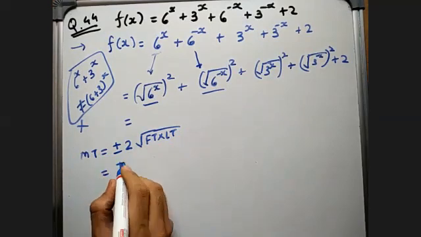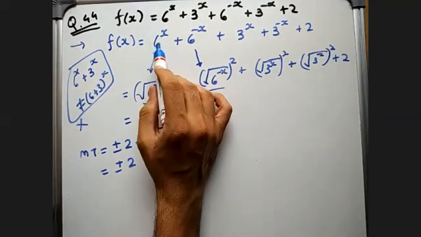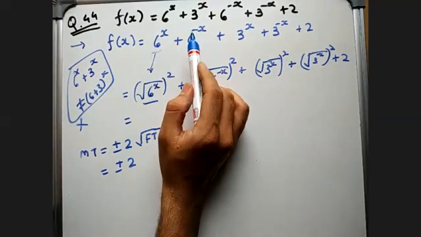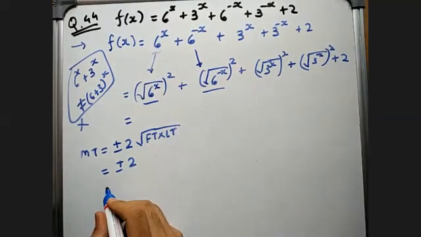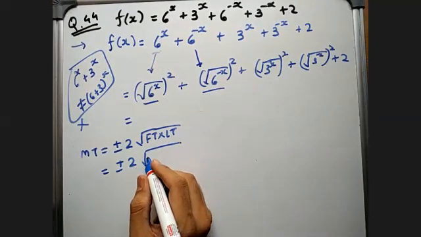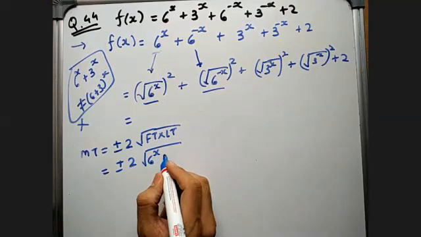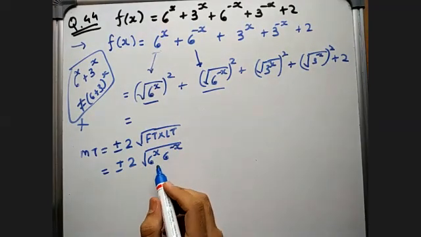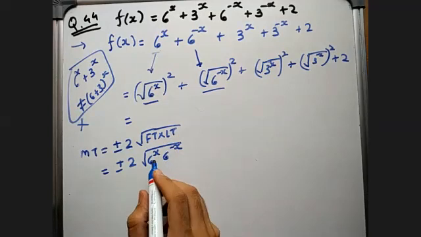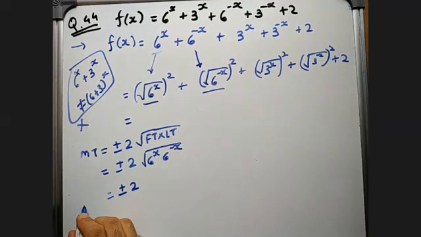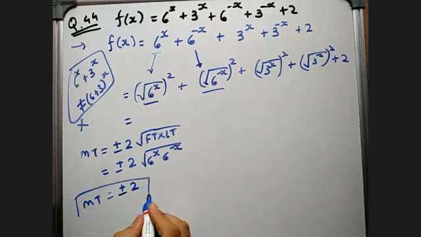Actually, this is my first term, 6 to the power x, and 6 to the power minus x is my last term. So my middle term will be plus or minus 2 square root of first term 6 to the power x and last term 6 to the power minus x. Now 6 to the power x and 6 to the power minus x will become 6 to the power 0, and 6 to the power 0 is 1. So my middle term can be plus or minus 2.